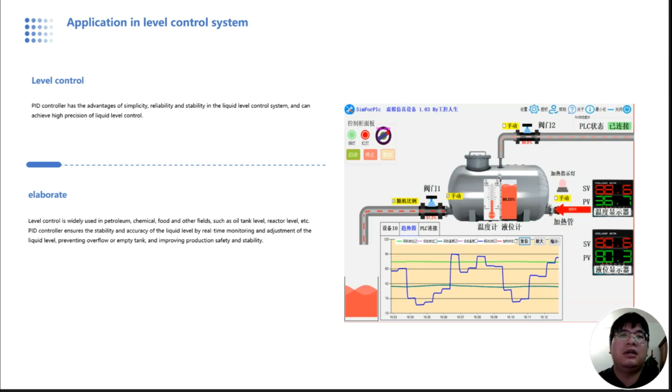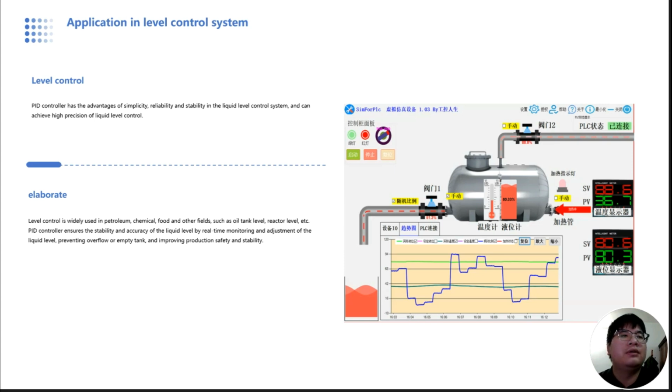The second example is liquid level control. Imagine a huge storage tank in a chemical plant, where we need to maintain the liquid level precisely at a certain height. The PID controller will monitor the signal from the liquid level sensor in real time and compare it with the target height.